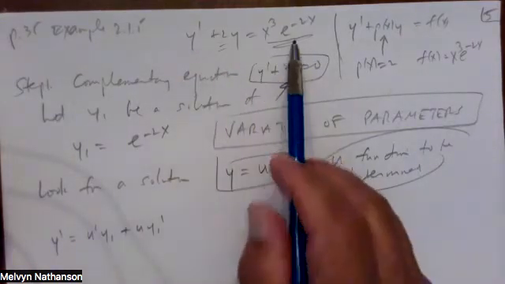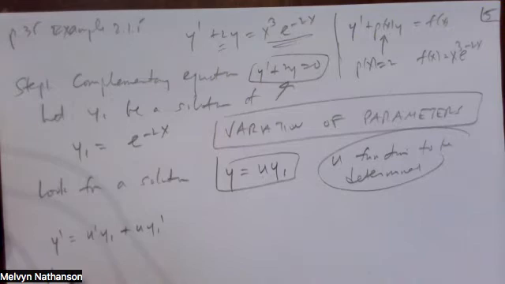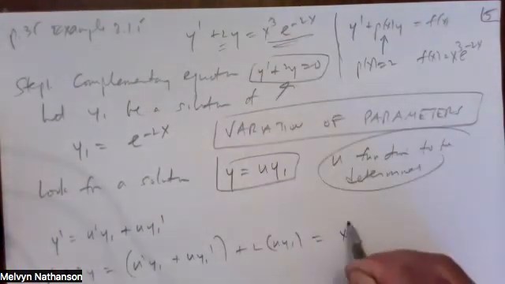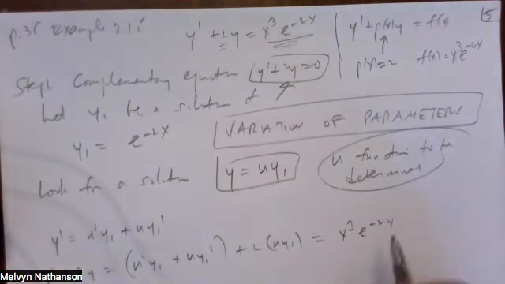So if you plug this into our equation, y prime plus 2y, that's u prime y1 plus u y1 prime, plus 2 times y, which is u y1. We want to find a u such that all this is equal to this right-hand side, x cubed e to the minus 2x.